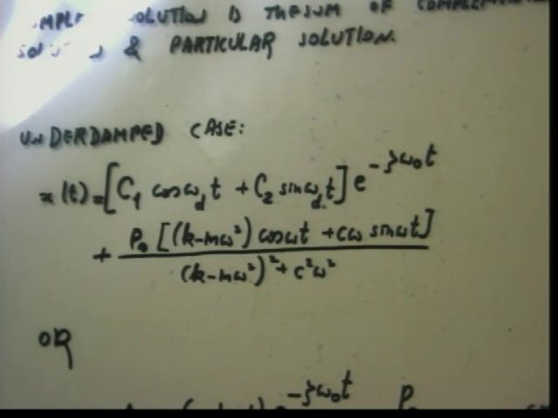Because what is a complementary solution? The complementary solution is the solution when the right-hand side is 0. So that is actually free vibration. So forced vibration is free vibration plus one particular solution, just any.